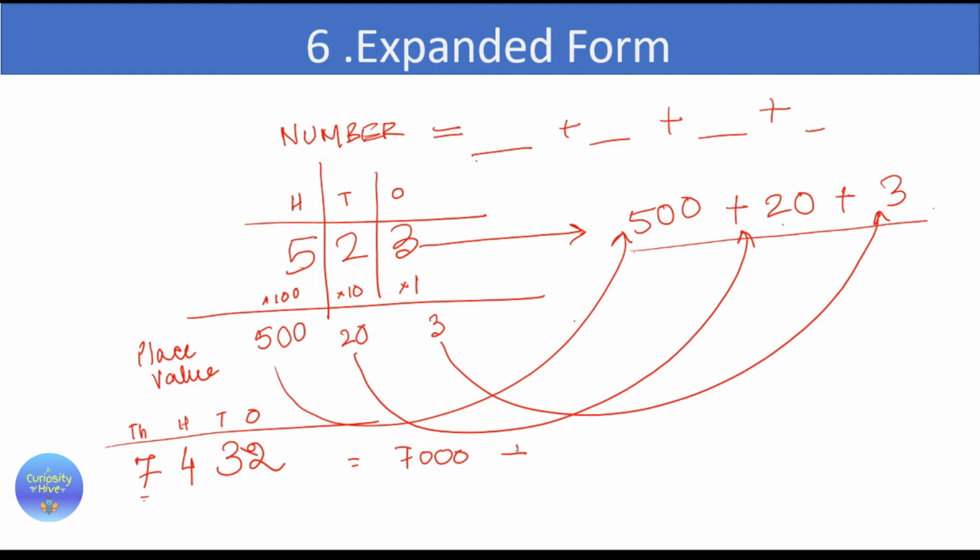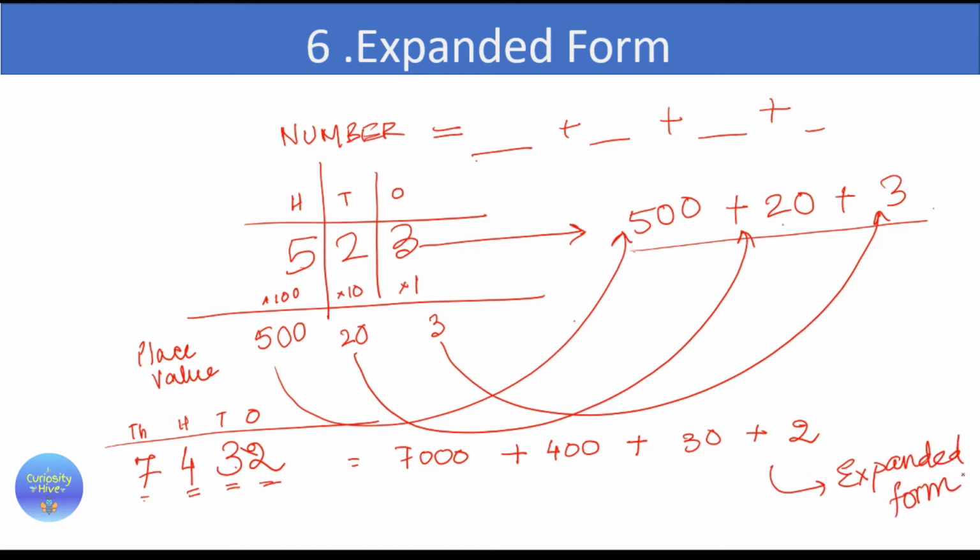To that, I will add the place value of my next digit in hundreds place, which is 4 times 100, that is 400. To that, I will add the place value of 3, which is 3 times 10, that is 30. And finally, the place value of 2, which is 2 times 1, that is 2. So this is the way of writing expanded form of any number.